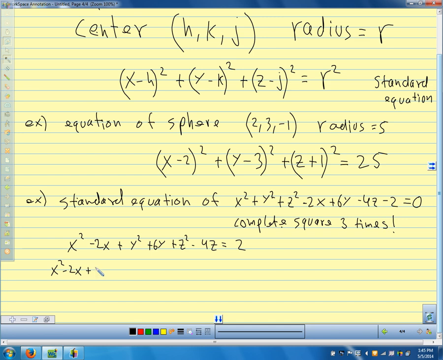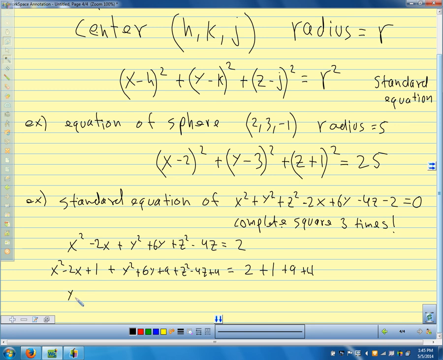Plus 1. Half of 2 is 1, 1 squared is 1. I'm going to add the 1 over here, so it equals 2 plus 1. Y squared plus 6y, what completes the square here? Plus 9. I'm going to add the 9 there. Plus z squared minus 4z, what completes the square there? Plus 4.